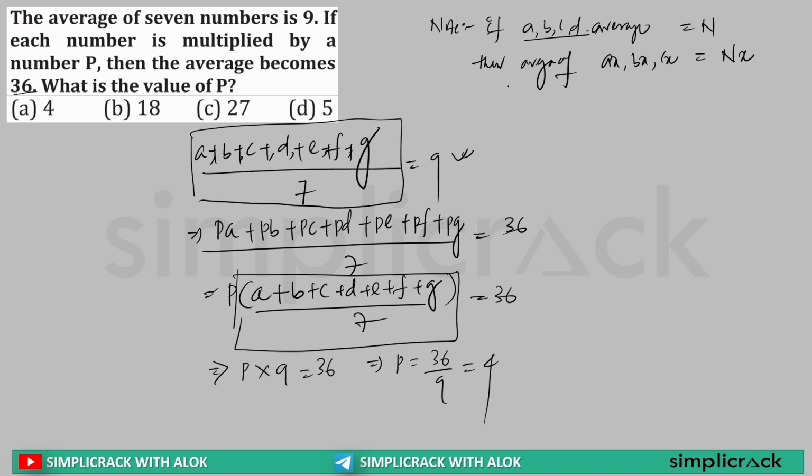Yes, sir, clear. If the average of these is n, then the average of A by X, B by X, C by X is equal to n by X. Clear? So this is how you should remember how to solve the average questions.